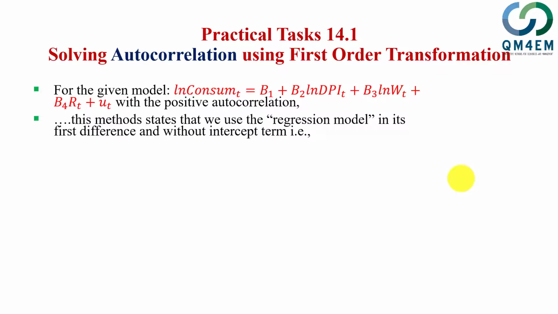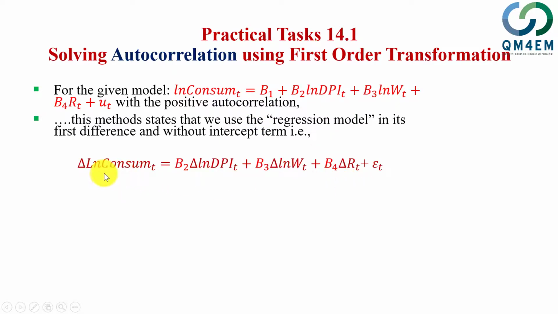In this method, we use the differences of all the variables instead of the original variables, and we use a model without intercept. That is, we are going to estimate this model: delta log of consumption in period t regressed on delta log of disposable personal income plus delta log of real wealth, and delta real interest rate.